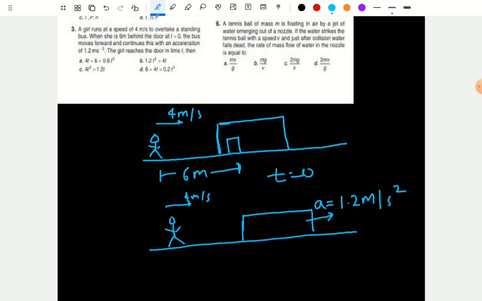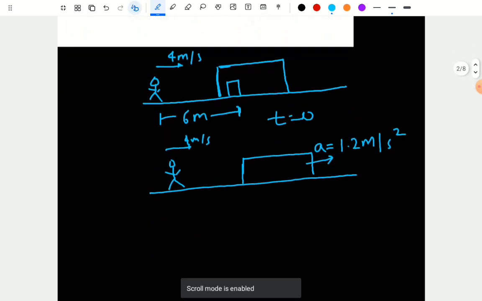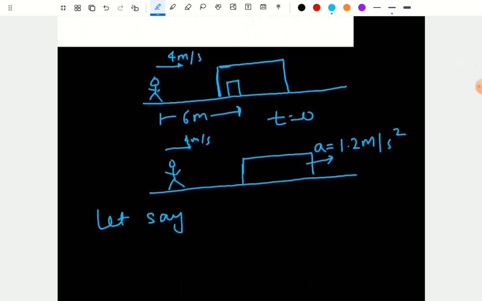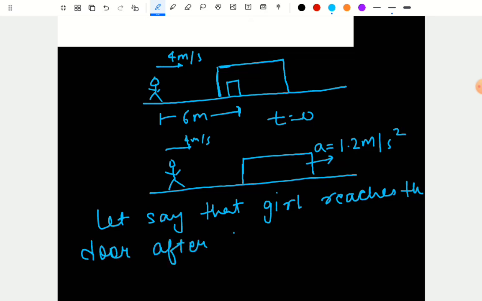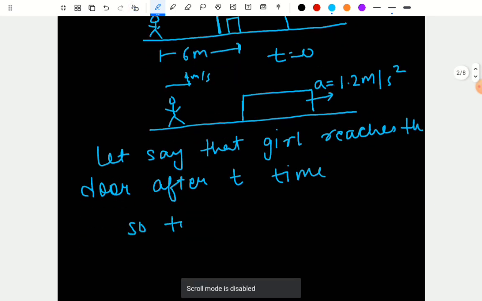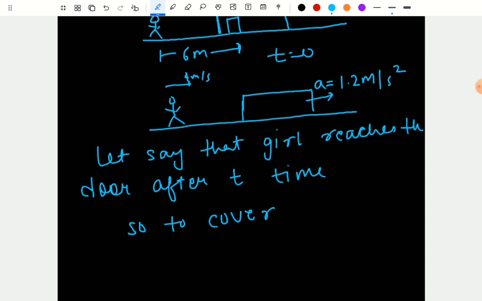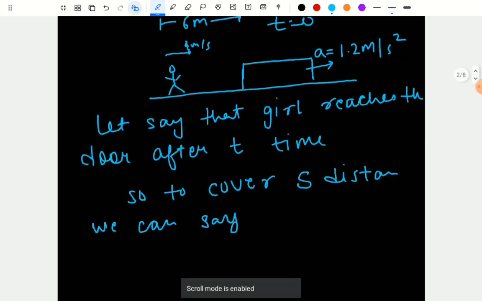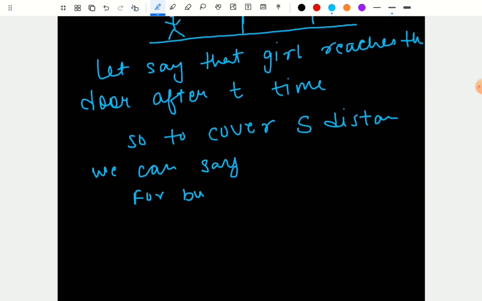Okay, so let's say that the girl reaches the door after time t. So to cover distance s, we can say for the bus, s is equal to half a t square.